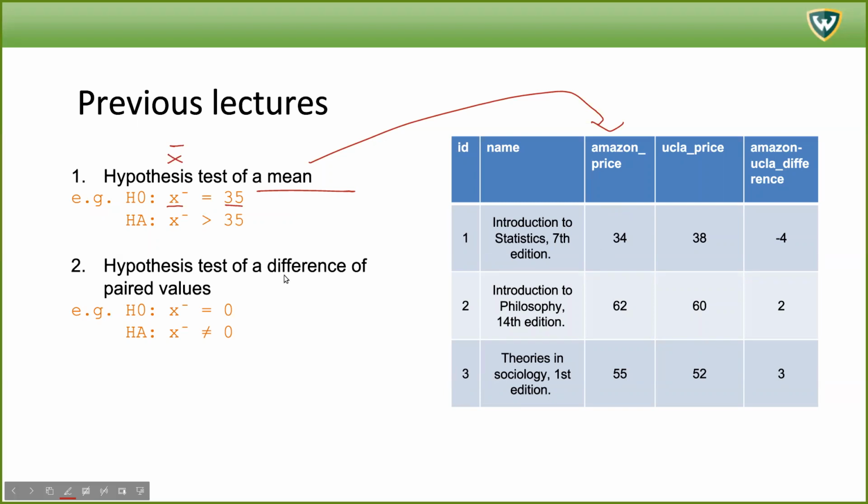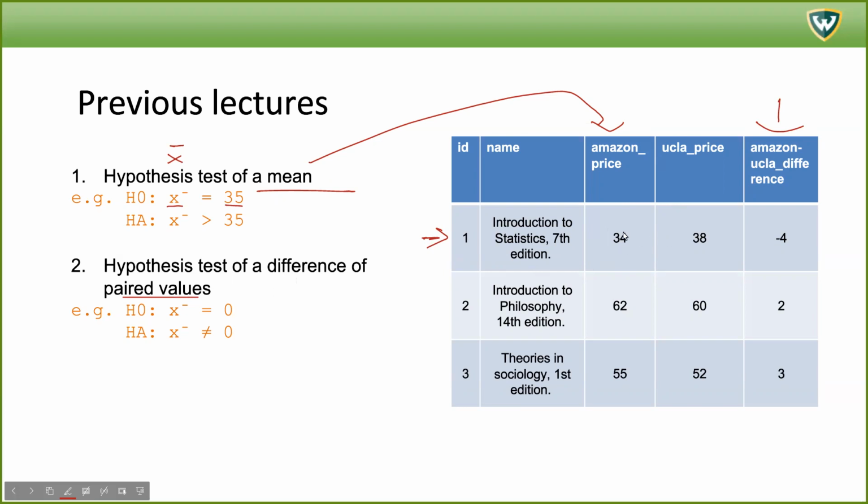We also did the hypothesis test of a difference of paired values. So that's the values of the same unit, of the same item. And we established it the same way, because what we did was we created a new variable that was the difference of the two values that we're comparing.